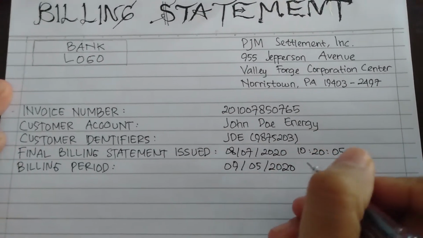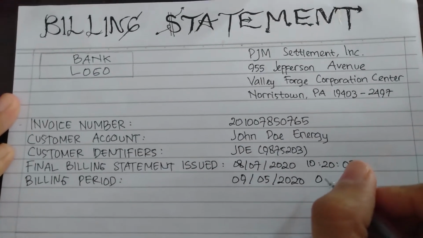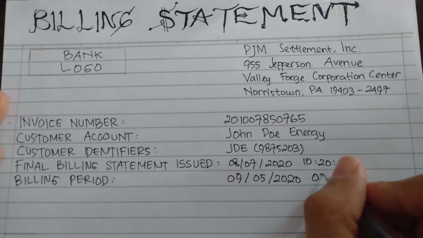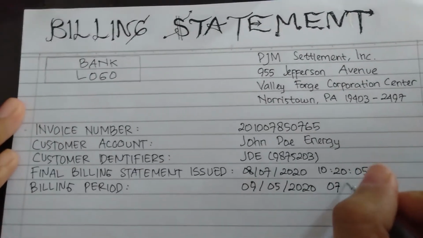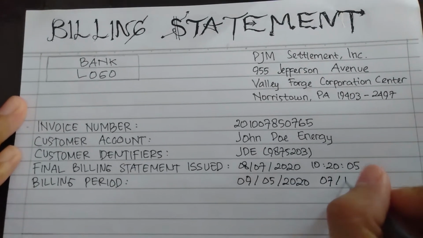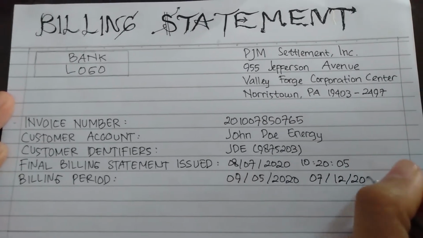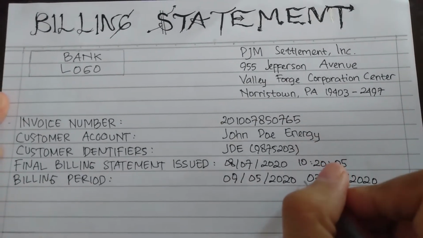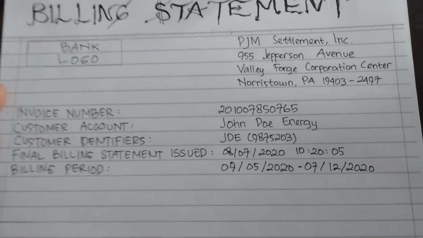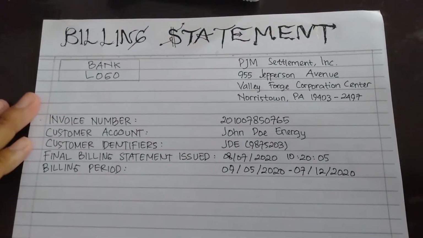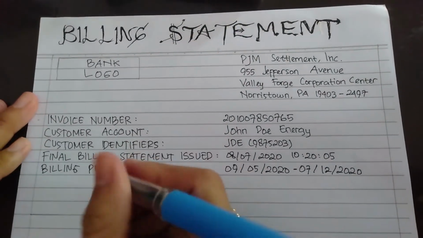For the final billing statement issued, you can write down the date, month, and year. It is also important to put down the accurate time.